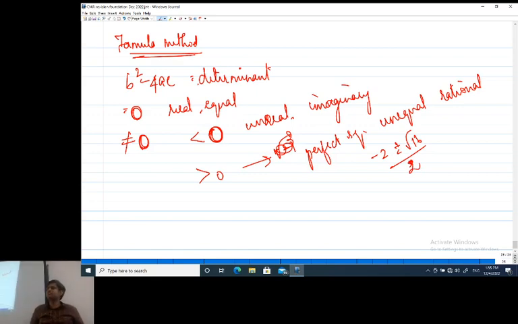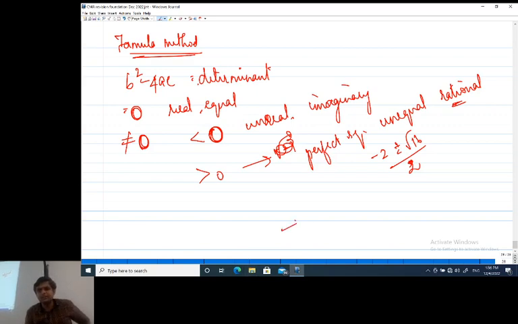Solving, the root of 16 is 4, so minus 2 plus or minus 4 by 2. This will give you one number without any root in it. The answer will not contain a root again; a definitive fraction or a definitive number comes. So they are called rational numbers. Are you able to get it?